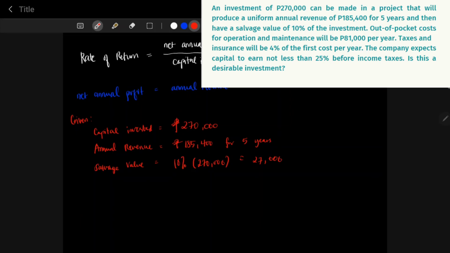Then out-of-pocket costs for operation and maintenance would be 81,000 pesos per year. Then next are the taxes and insurance.